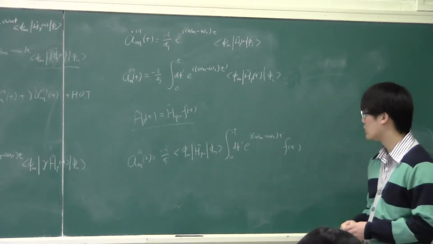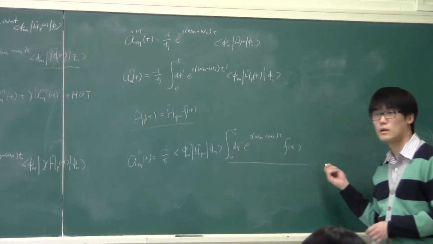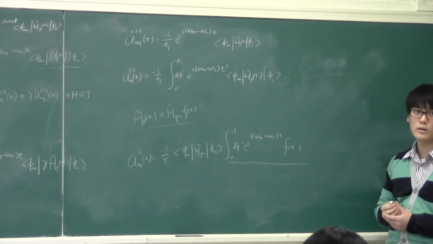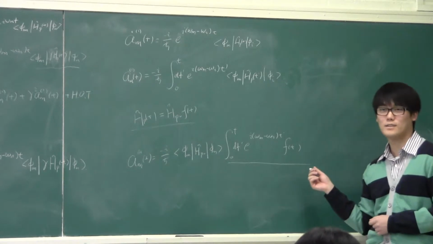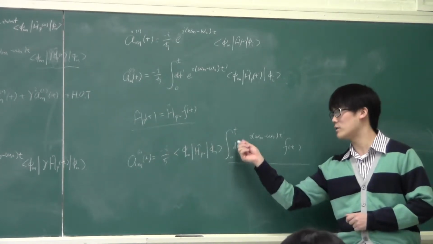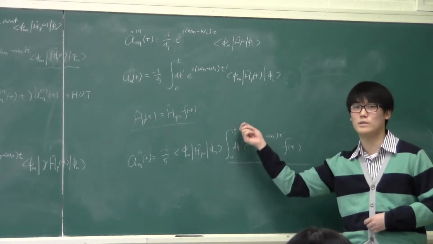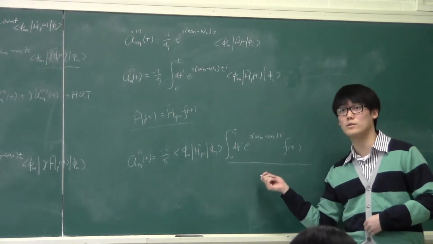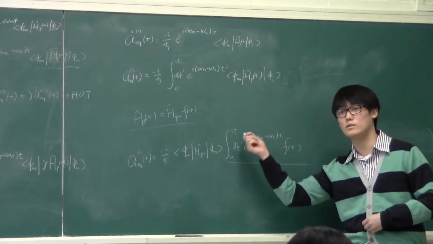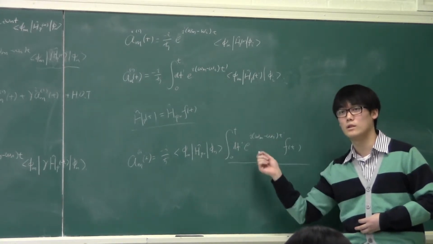Is that correct? What is this? What does it remind you of when you see it? This is a Fourier transform, except for the limits. So this is not a Fourier transform strictly speaking. This is the finite one, where you have limits, not minus infinity to infinity. Okay.